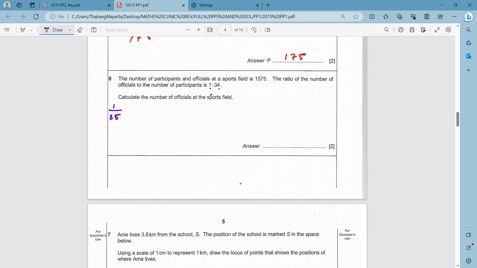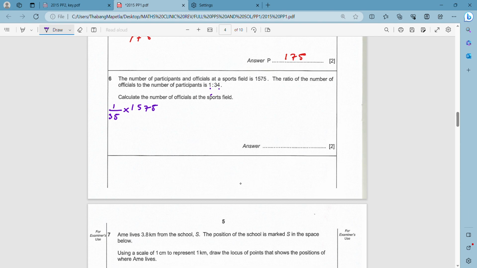So this means that of all the people at the field, 1 is an official, and all the people in simplest terms we can simply add our ratios. There is a total of 35. Then we're going to say 1 over 35 times that total number, 1,575, and then we're going to calculate that.